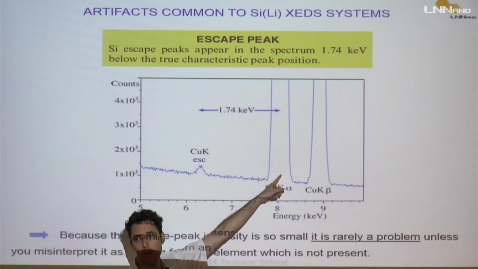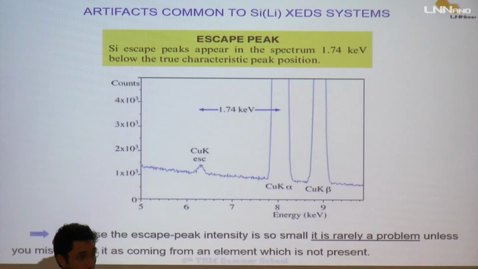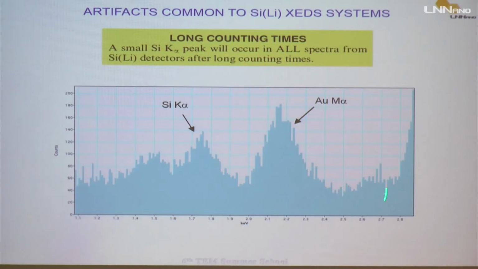That is the energy of your element minus the energy of the silicon. But it's caused by the detector. Related to this also, if you count a lot, you always have silicon. It may be in your sample, but you always measure silicon from your detector, okay? From these stray electrons that may fluoresce silicon, okay?